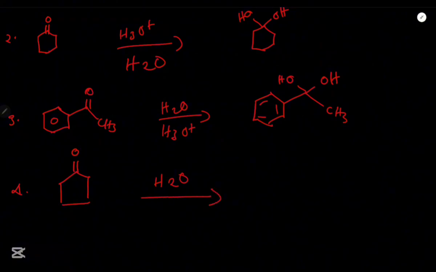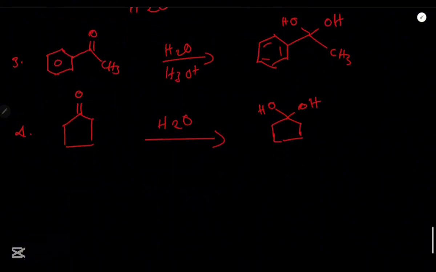So don't get confused. The product will be the same, because water can go auto ionization to form a base and an acid. So the product will be the same. So auto ionization, what is it?